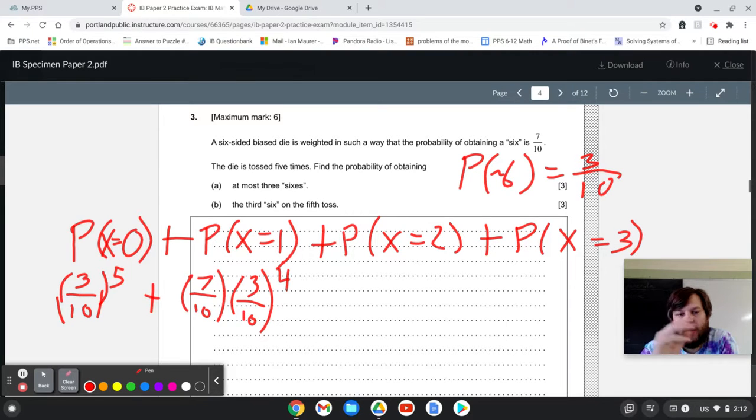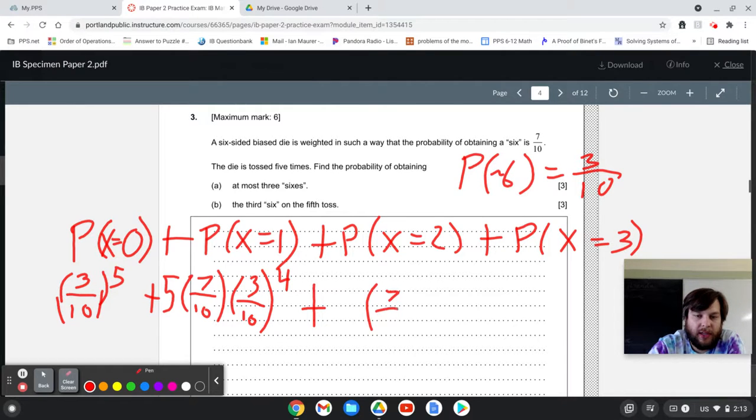However, this doesn't account for the different orders. The 1 6 could be the first, the second, the third, the fourth, or the fifth. So there are actually 5 ways that this could happen, and we need to multiply by 5. Then we look at the probability of obtaining 2 6s.